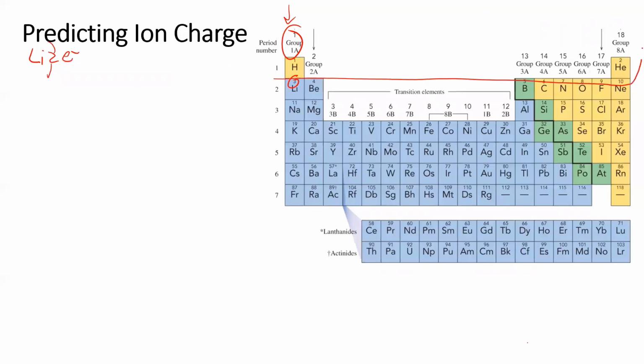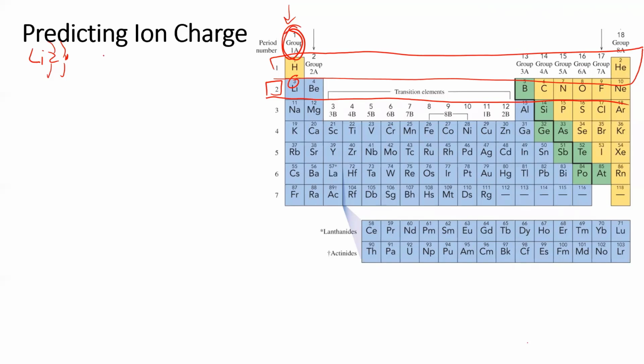Because the first period only fits 2. So it has 1 more electron. Where is that 1 more electron going to go? It's going to go in the second shell. So its outer shell, the second shell, how do I know? Because it's in period 2, has 1 valence electron in it. That's why it's in group 1A.